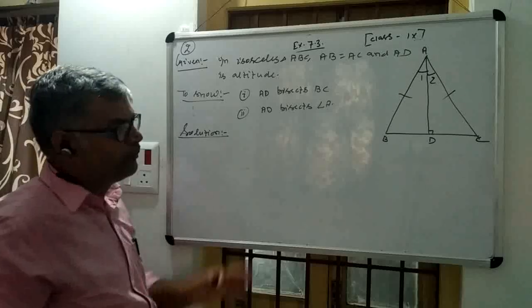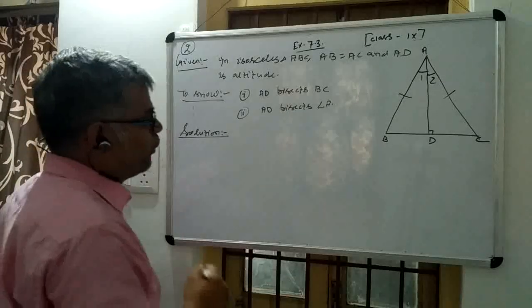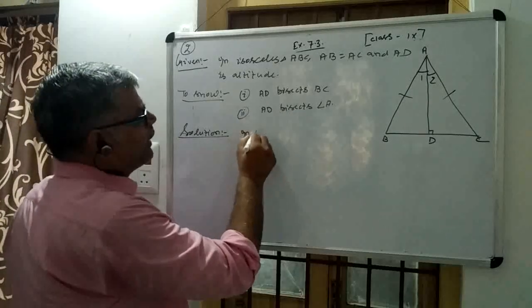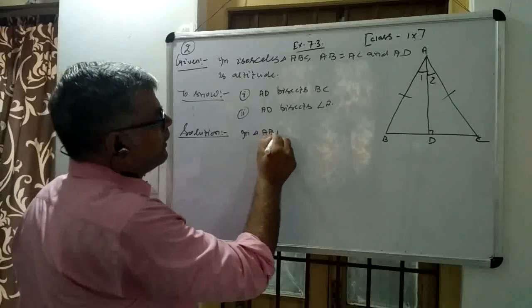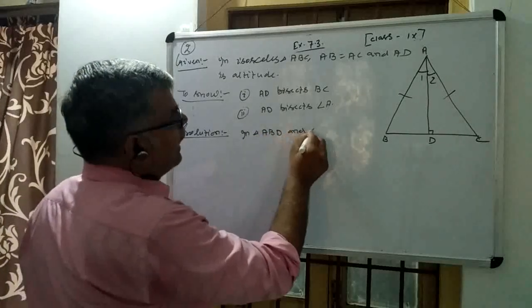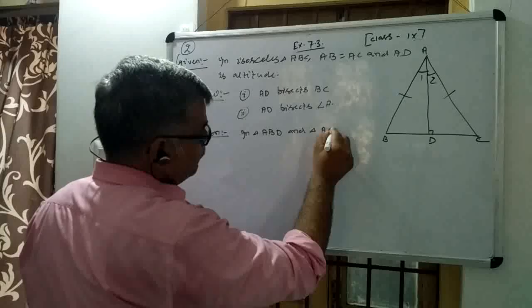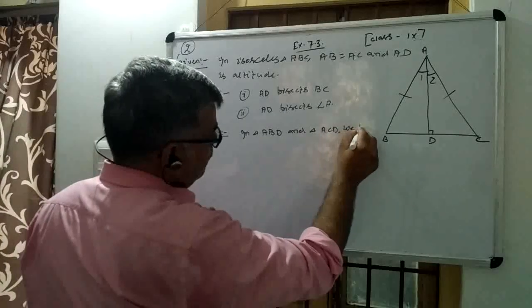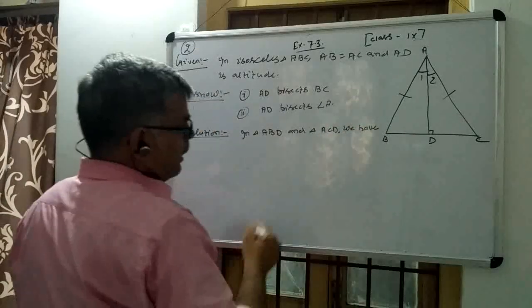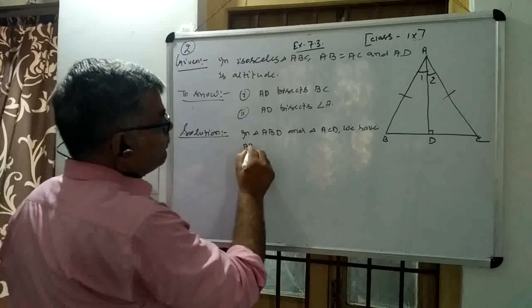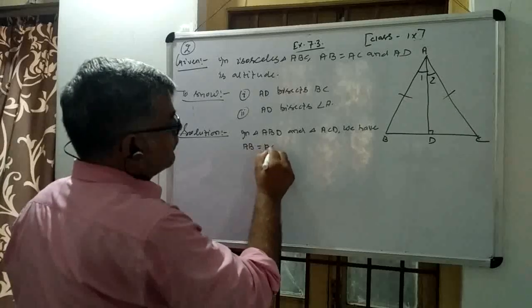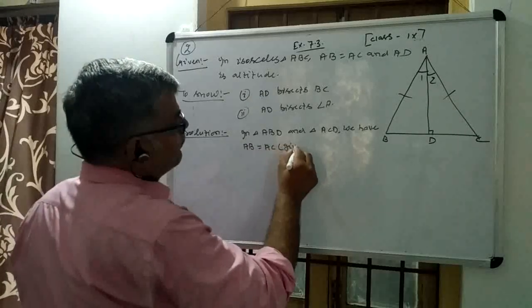So let's see the solution. First we have to make these two triangles congruent. So in triangle ABD and triangle ACD, what do we have? AB equals AC, which is given.